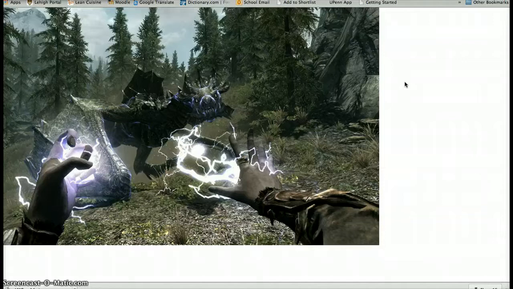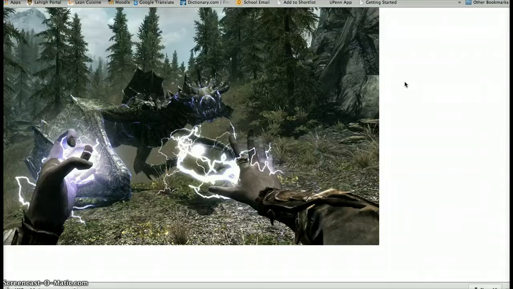As the first person view, you only see your hands. You don't see your face. When you wake up in the morning, do you see your face? No, you see your hands, or your toes, I guess. So first person point of view, this is what you're going to see as you slay your dragon there.